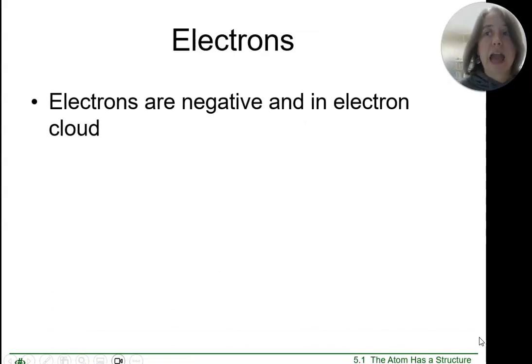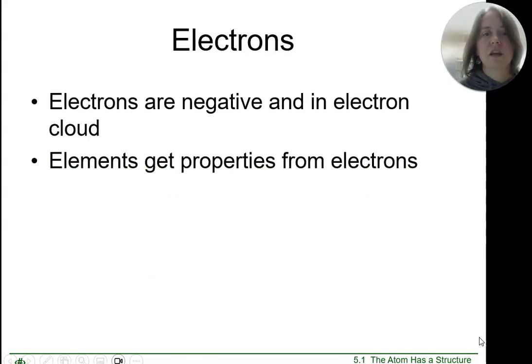But if we're talking about chemistry, we're talking about electrons. Chemical reactions always involve ions and usually electrons. So what can we say about them? Electrons are negative and they are found in the electron cloud. The element gets its properties from electrons.